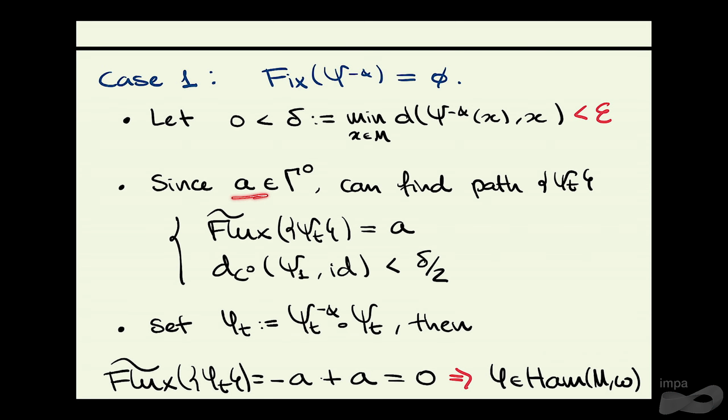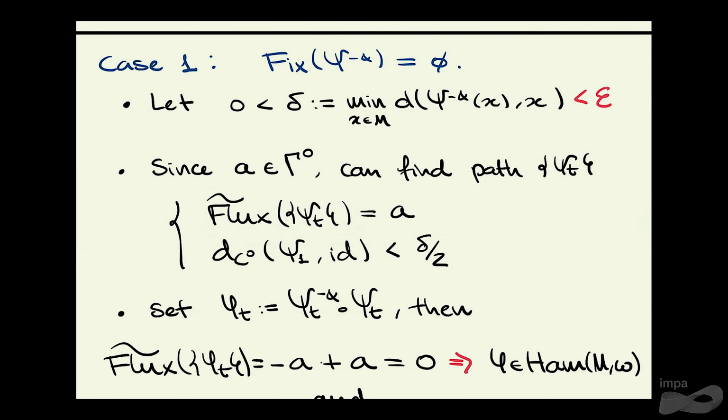Now, since A is also in gamma 0, we're going to use this almost loop interpretation. We can find a symplectic path, whose endpoint is arbitrarily C0 close to the identity, whose flux is A. And we're going to compose in the same way as before, perhaps in a different order, because now it matters. Before it was just a loop, so it didn't matter.